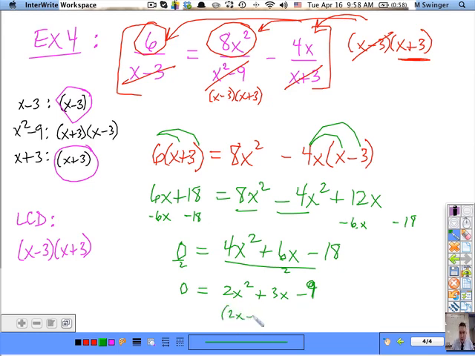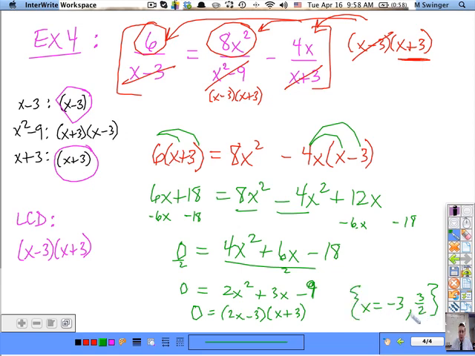Don't always assume it's going to factor, because it won't. Set this equal to 0, set this equal to 0, so you get x equals negative 3, comma, and set this equal to 0, and you get 3 halves. So you put those in these brackets.